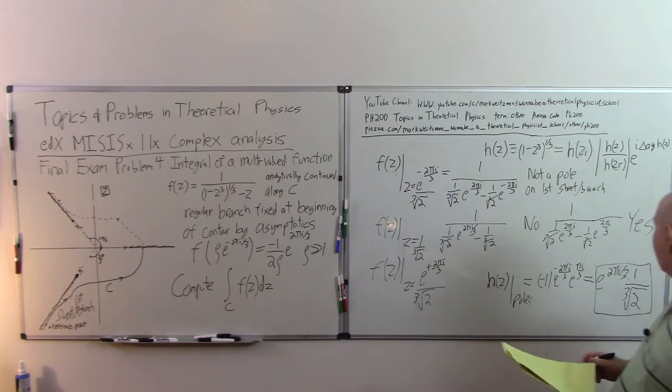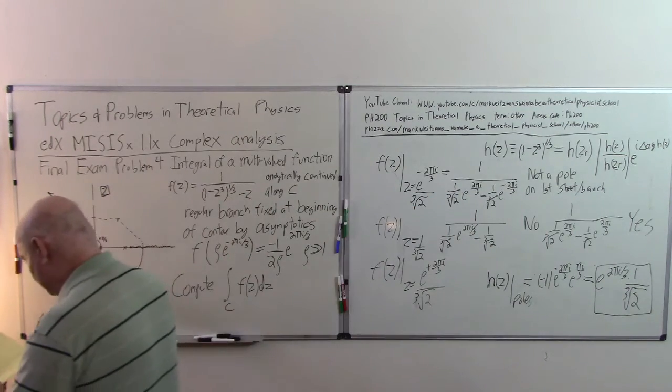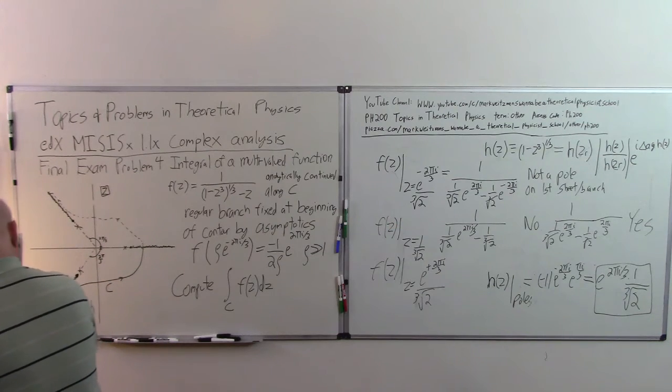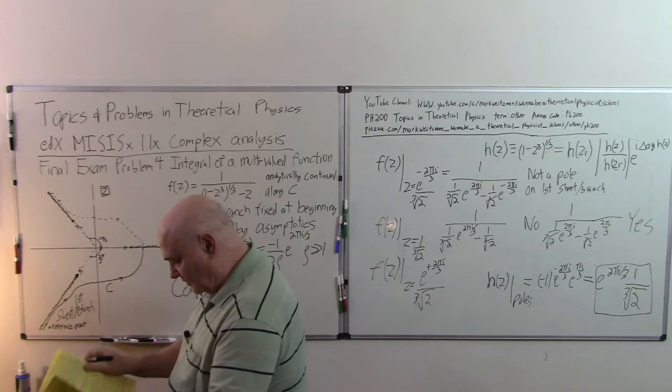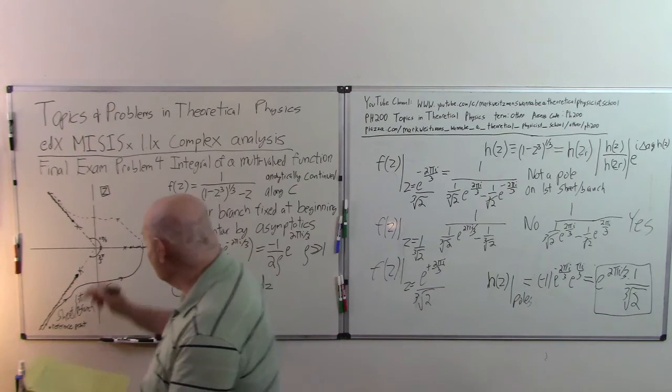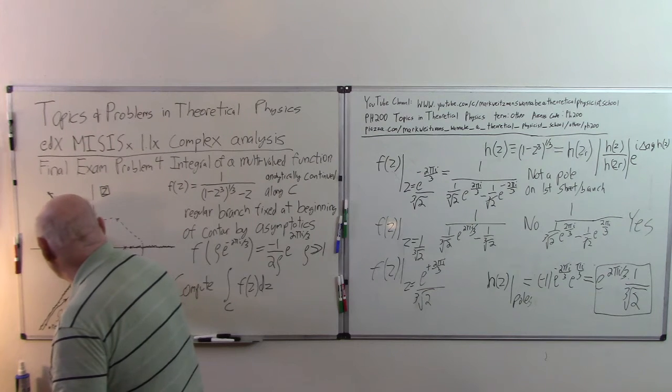So we've established that at least on sheet 1, I just want to make sure I don't get this wrong. This pole is on sheet 1.